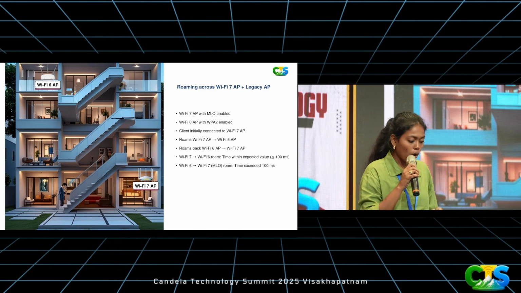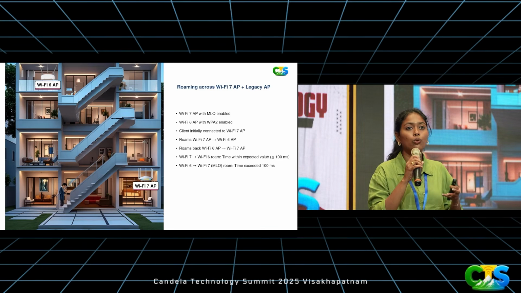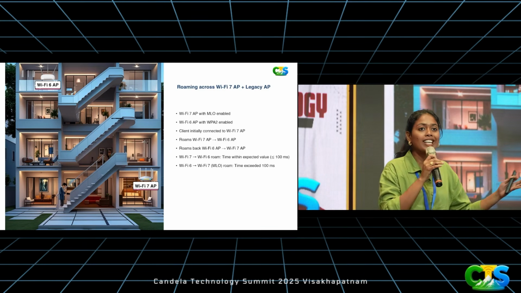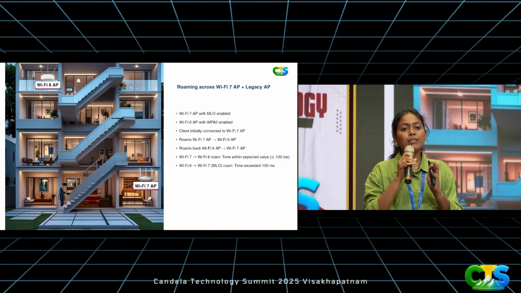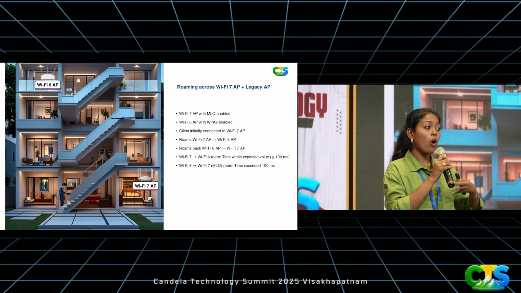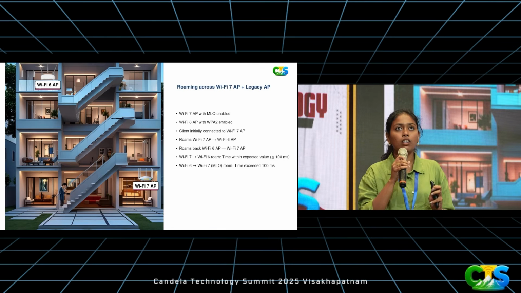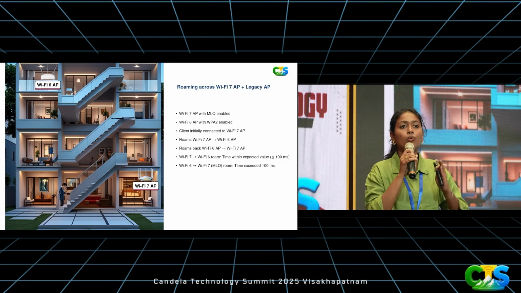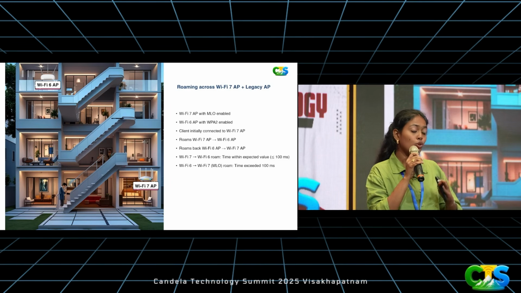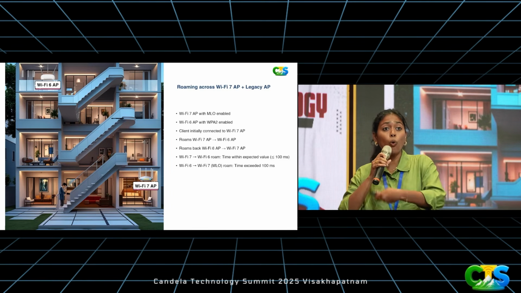But when any new generation of technology is introduced into an already existing ecosystem, it becomes critical for us to evaluate that it coexists well with what has already been deployed. The challenge is not only achieving cutting-edge performance, but also ensuring that it does not disrupt the features that have been performing reliably over the years.